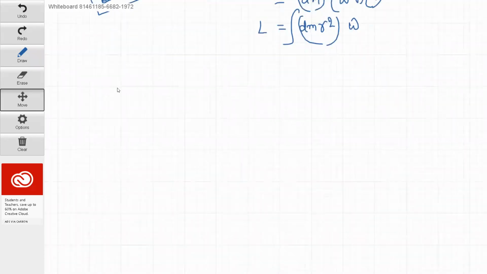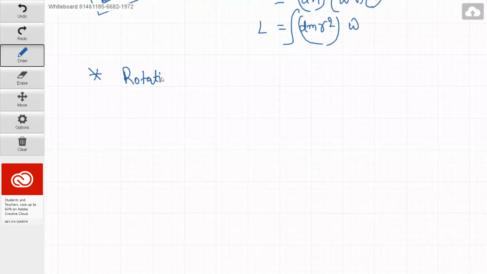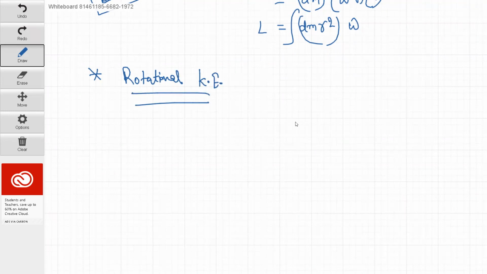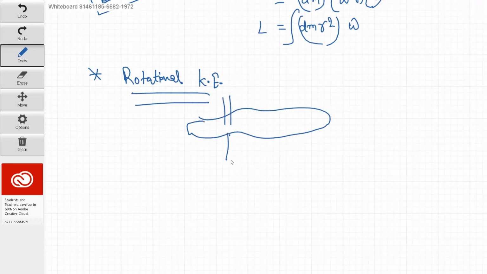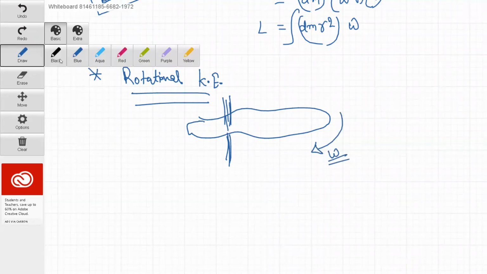Now, the rotational kinetic energy expression. Its derivation is also very important for a school examination. Suppose there is a lamina, and this is the axis, and it is rotating with angular velocity omega.